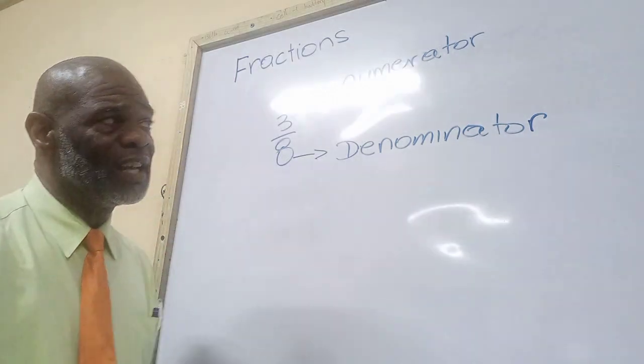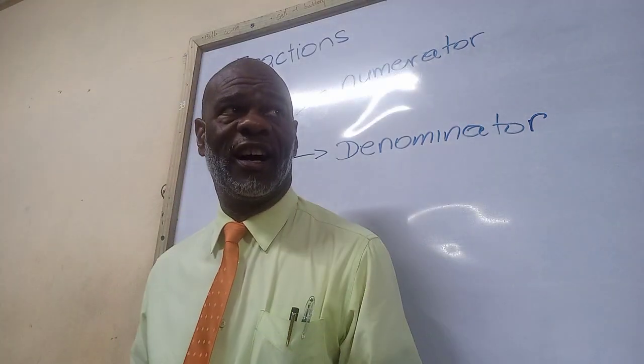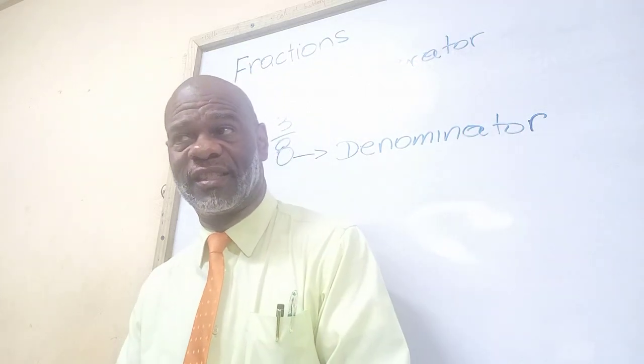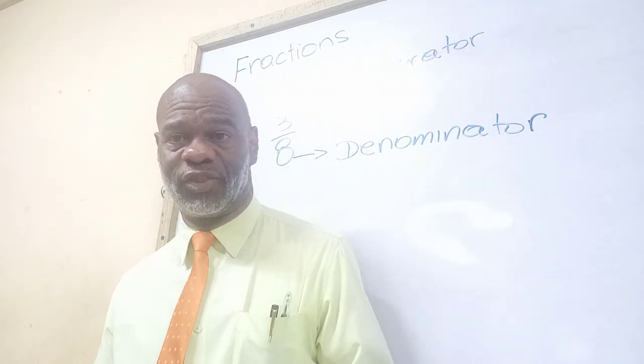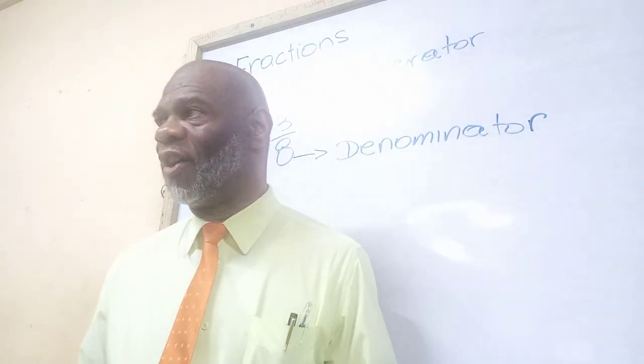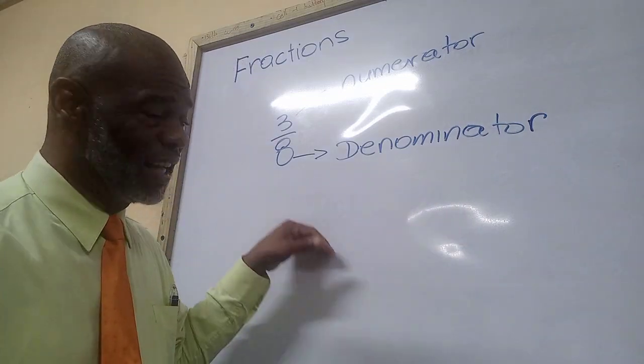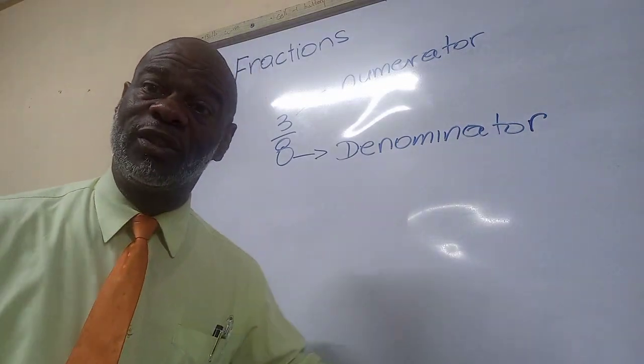So if I have a tray of eggs, and the tray has 12 eggs, the denominator for that tray of eggs would be 12.